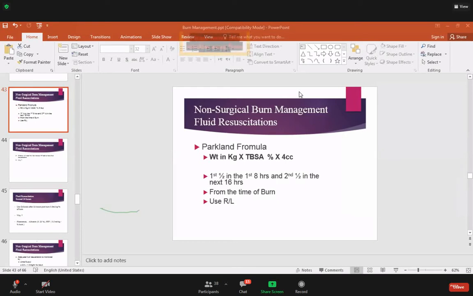So how do we give this fluid to the person who presents to you with the injury? We calculate the time he underwent the burn. If he was burnt at 8 o'clock, but he comes to you at 10 o'clock, you have to start from 8 o'clock.